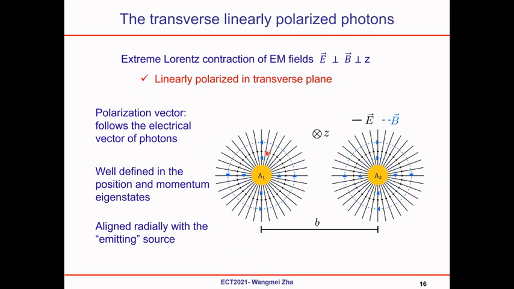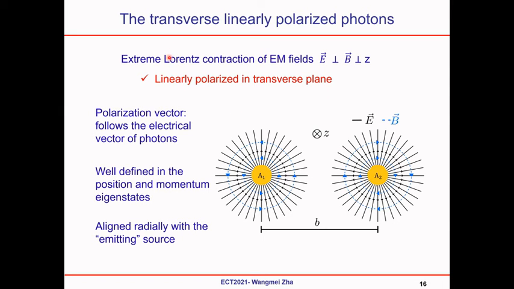Okay, the previous several slides showed the recent experimental measurements in hadronic collisions. Another very important feature of coherent production is the linear polarization.